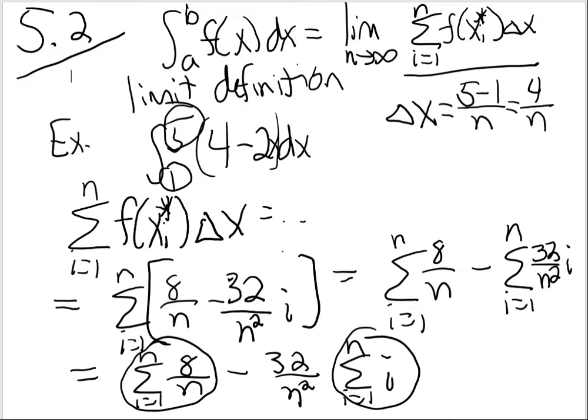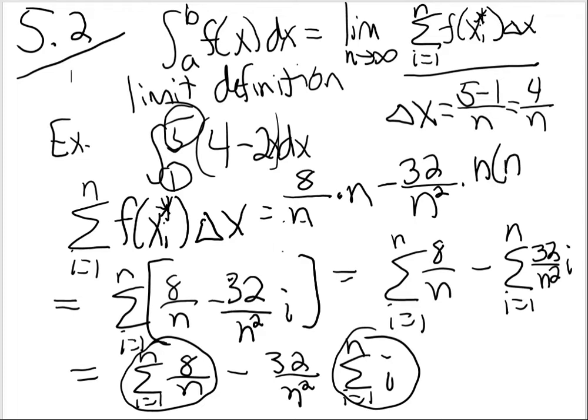Well, what we get is 8 over n times n minus 32 over n squared times n minus 1 over 2.